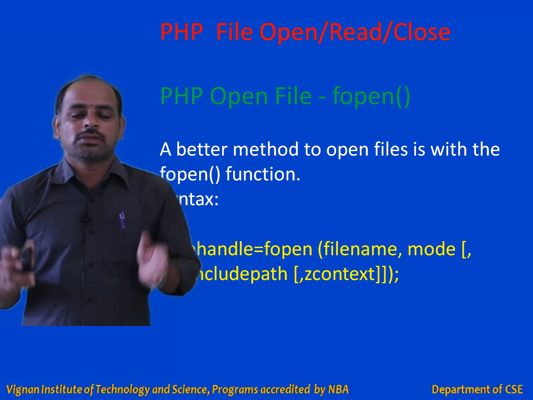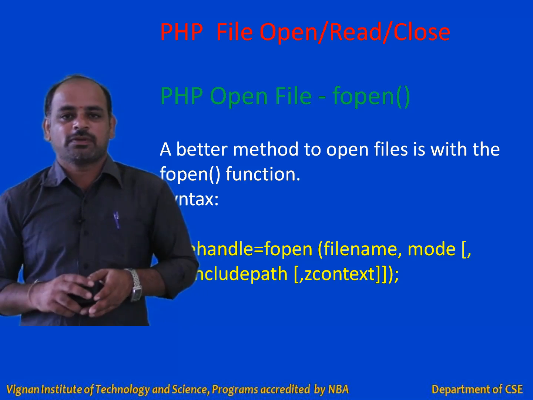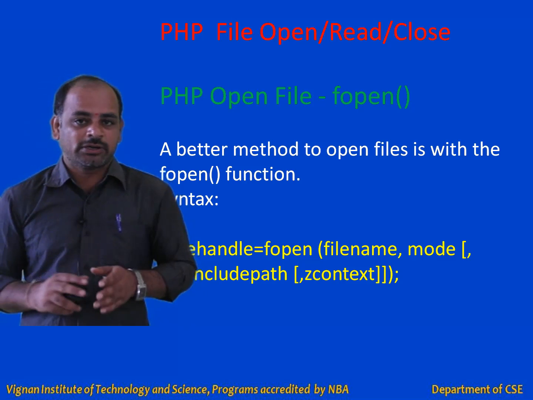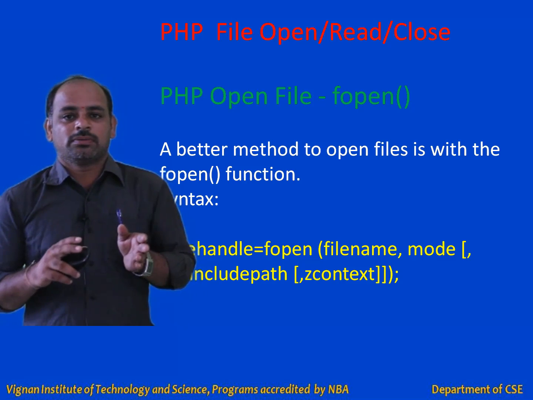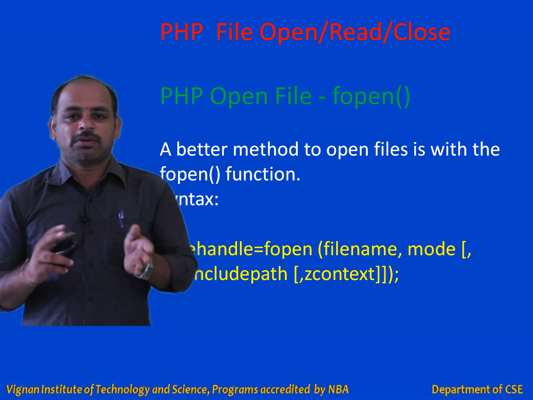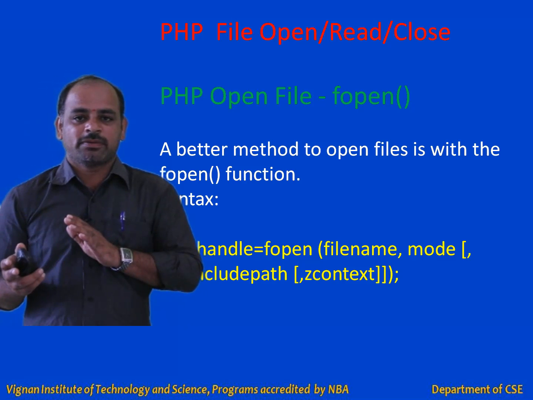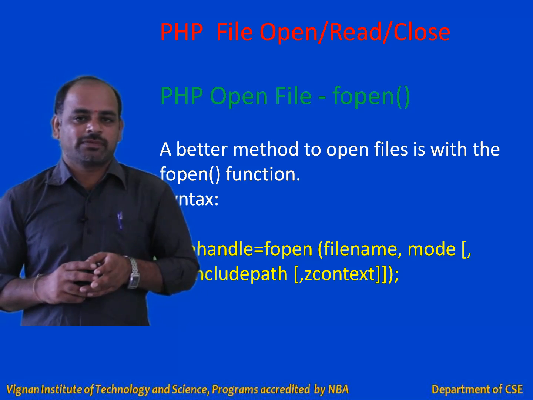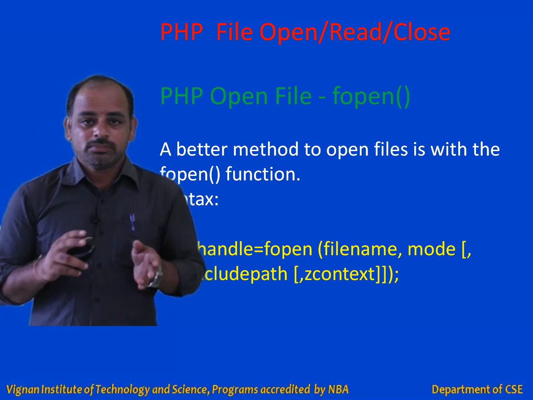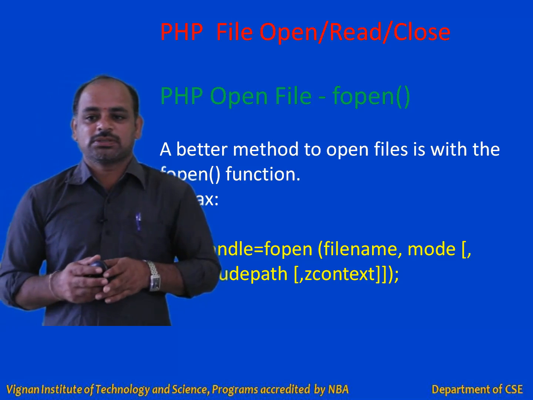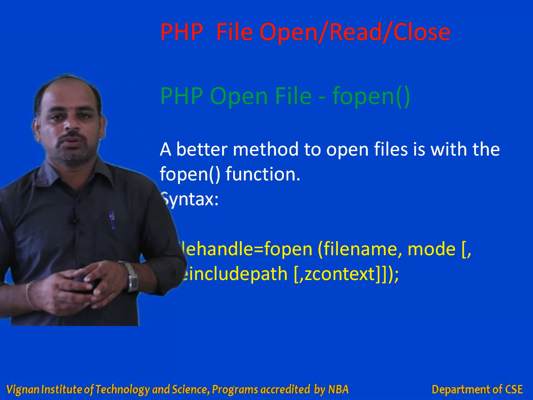Or else you may open the file for both read and write operations. If the mode is read and write, you can both read the data from the file and write the data into that file. These kinds of operations are specified by the mode.